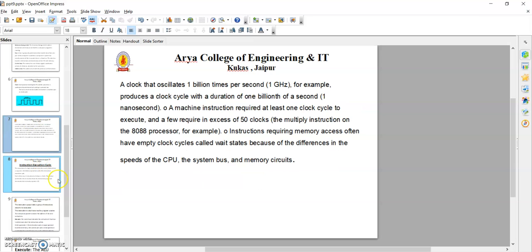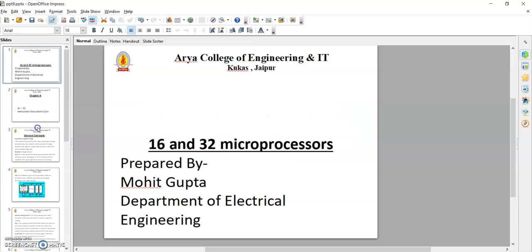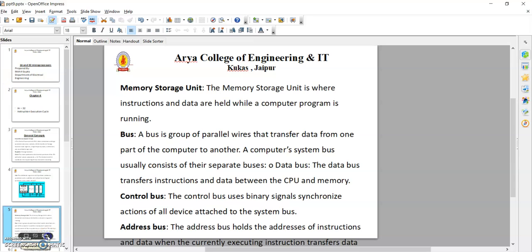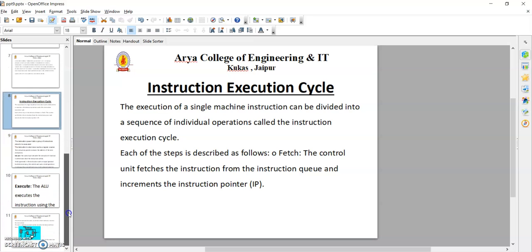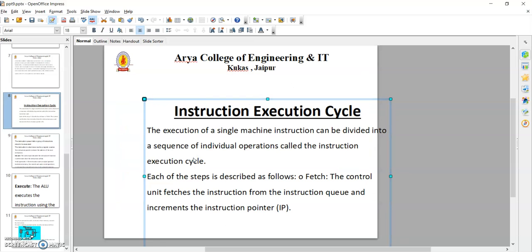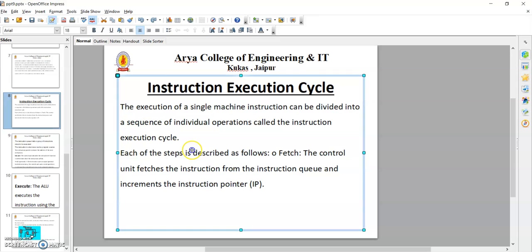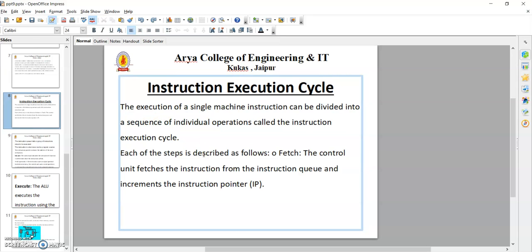So if we move towards the instruction execution cycle, the execution of a single machine instruction can be divided into a sequence of individual operations called the instruction execution cycle. In the fetching step, the control unit fetches the instruction from the instruction queue and increments the instruction pointer.